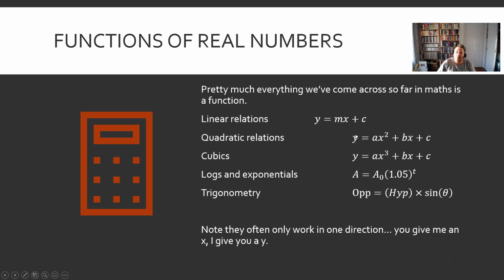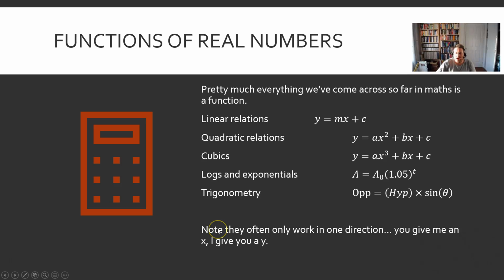But if I give you a y value, the quadratic formula has that plus or minus in it, and that means there's not one unique x value that does the job. So that's not going to be a function if we're trying to go the other way. Quadratic relationships are examples of functions only from x's to y's. So you always have to be a little bit mindful of what's the thing that I'm plugging in and what's the thing that I'm getting out.